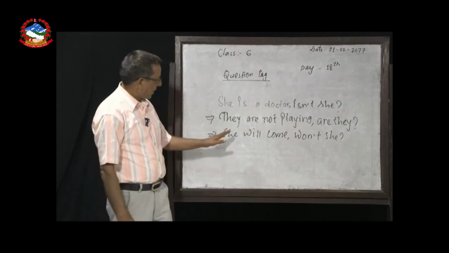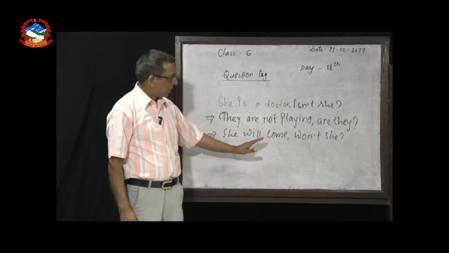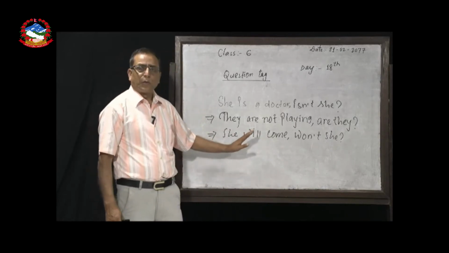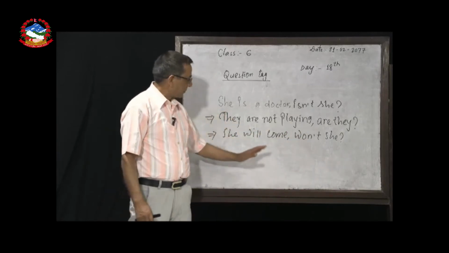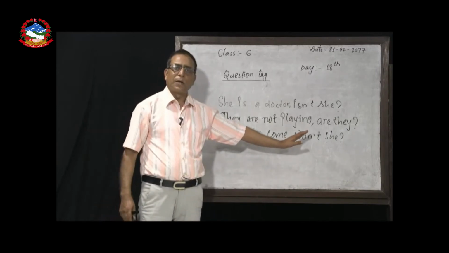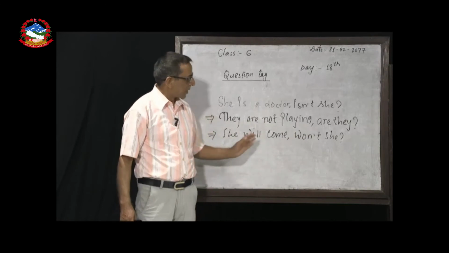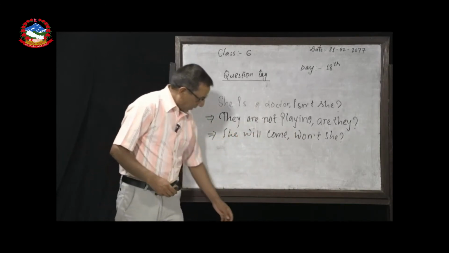I mean, the statement here is a positive statement, so we make the tag negative. She will come, positive statement, the tag must be negative. The tag is won't she. Okay.